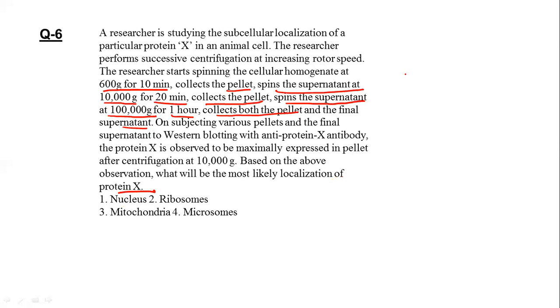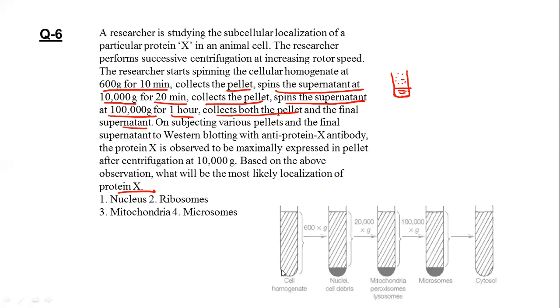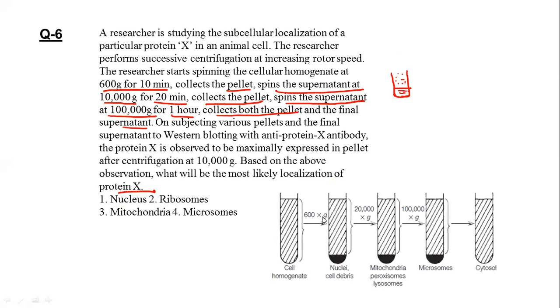These are big questions. You can easily observe the supernatant and pellet, since centrifugation gives a supernatant and a pellet. First, the cell homogenate at 600 G, if you centrifuge, gives nuclei and cell debris.